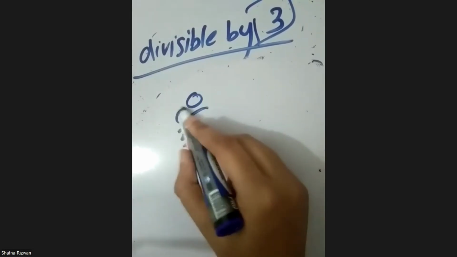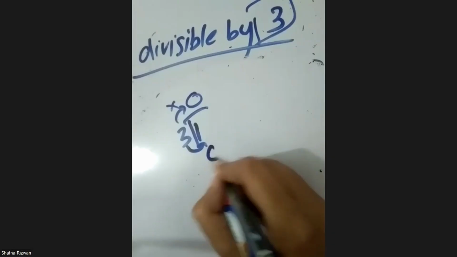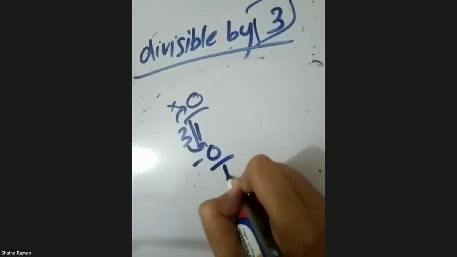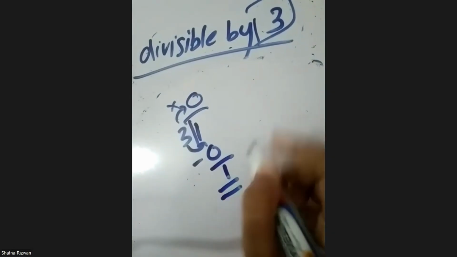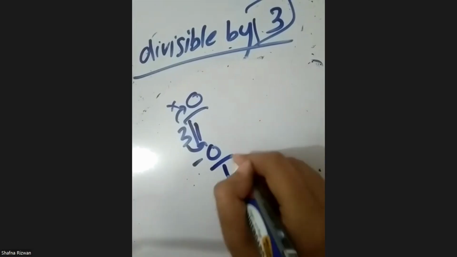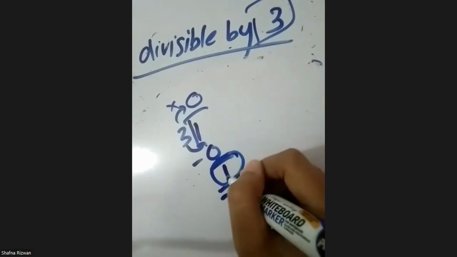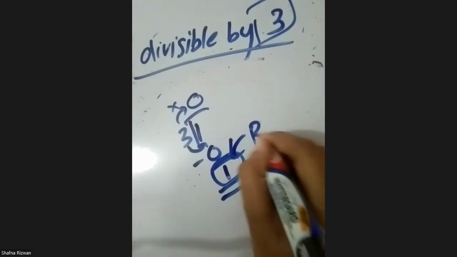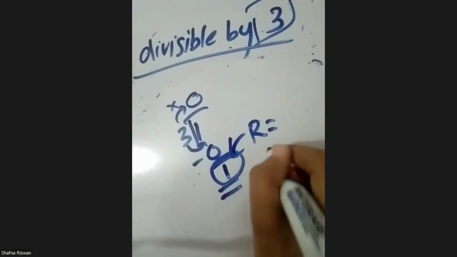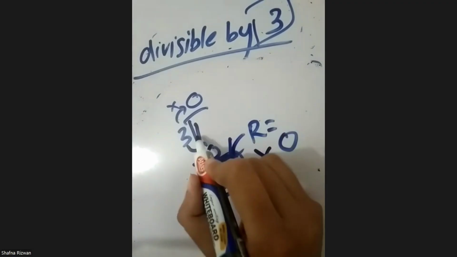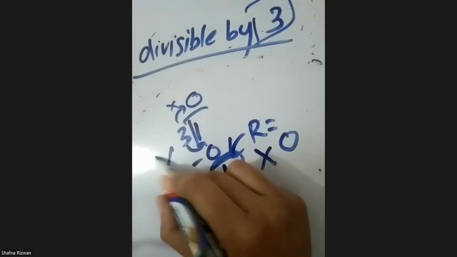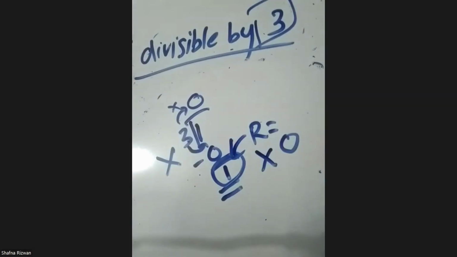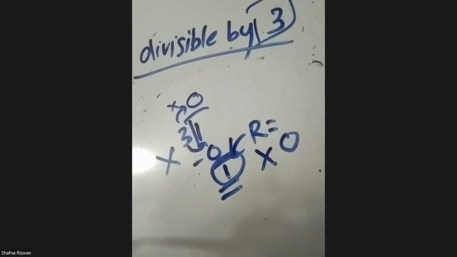No. So 0. 3 multiplied by 0 is how much? 0. So 1 minus 0 will give you how much? 1. What's the remainder that you are getting? Remainder is 1. It's not 0. So is 1 divisible by 3? No, 1 is not divisible by 3. That's how I found it. Okay.